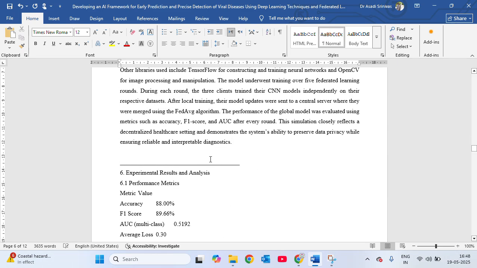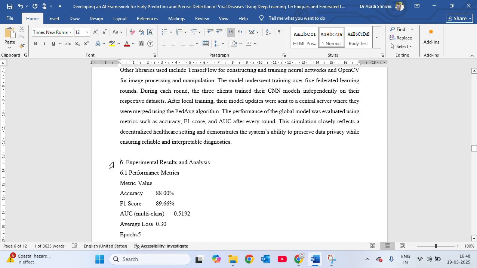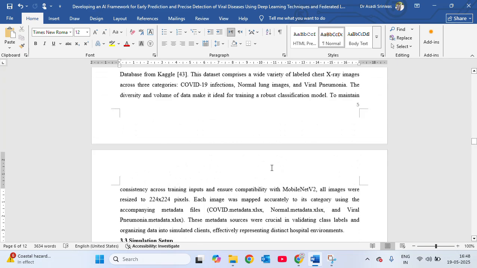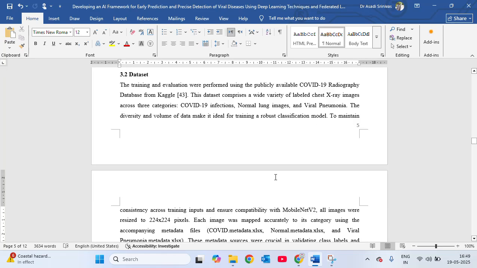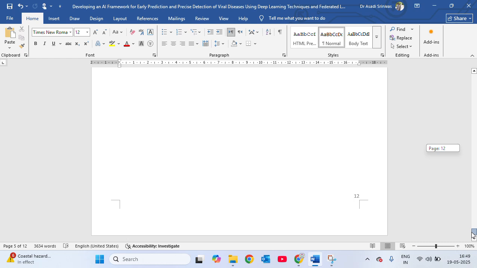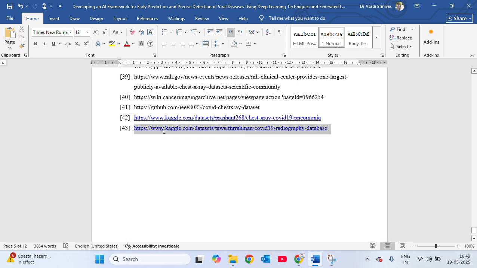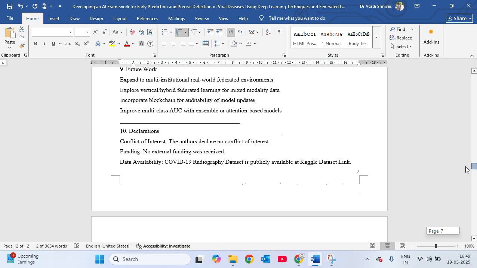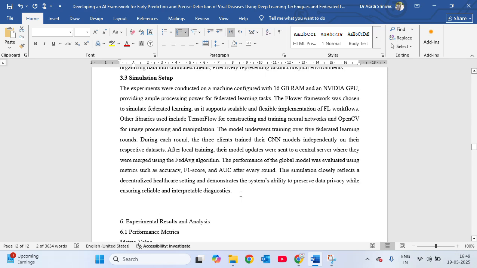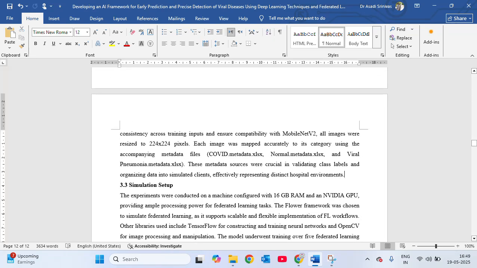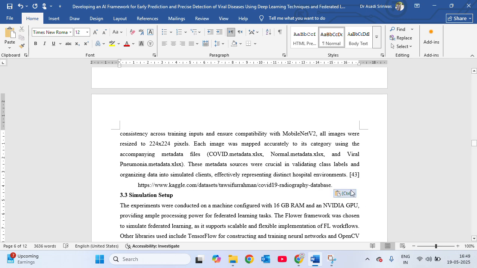So here we can draw the model diagram. Let's see here in data set description, what is the citation? You know this one, 43 Kaggle. This is this URL 43, keep in mind. This one we need to paste in the third here, where the data set is. You need to mention it here.